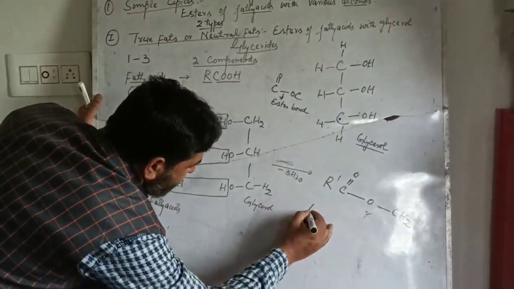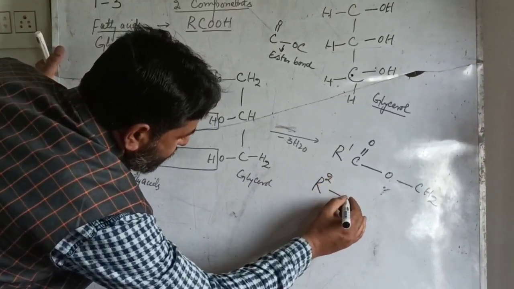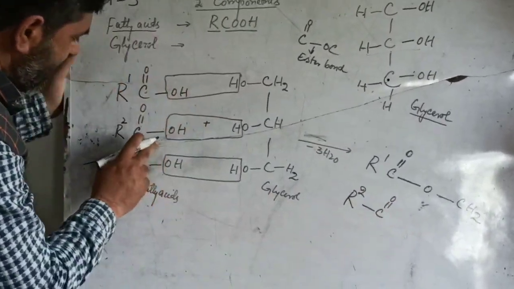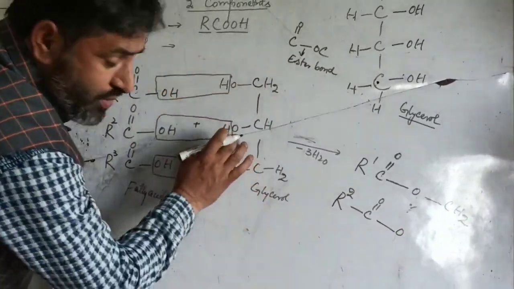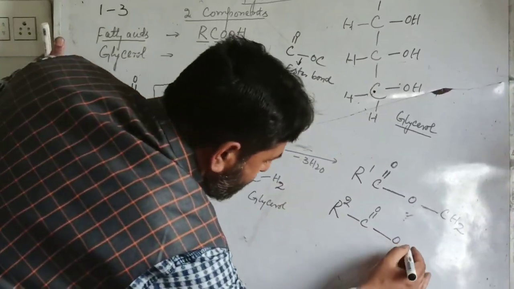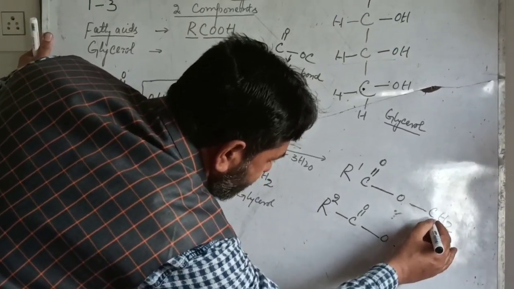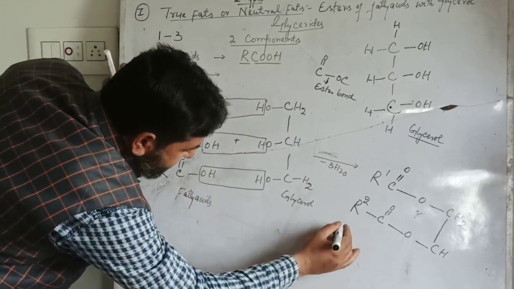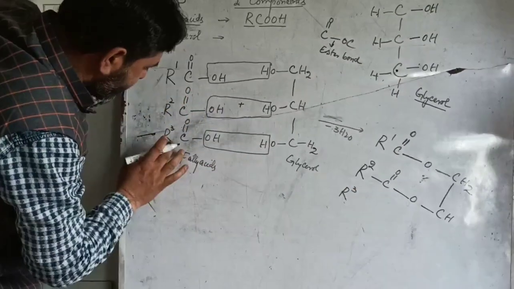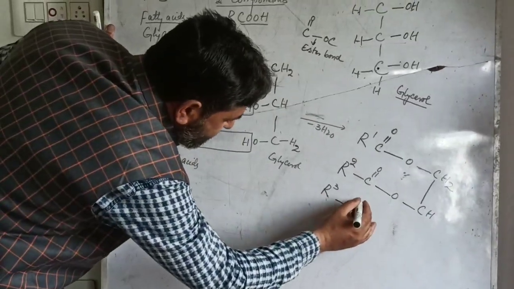Then the second fatty acid, R2CO, forms a bond with the oxygen of this glycerol molecule. Then there is another, R3CO.